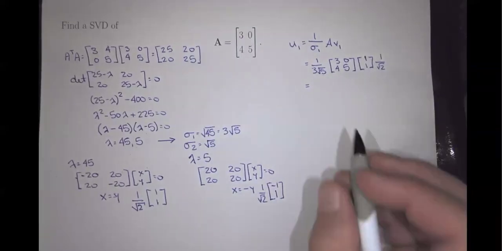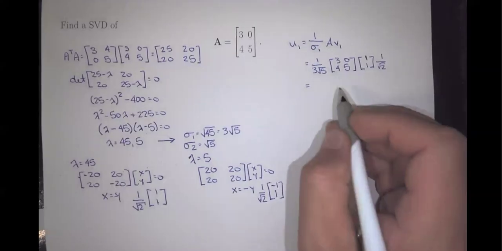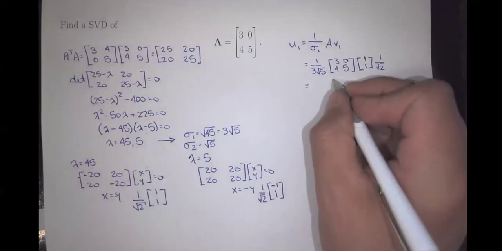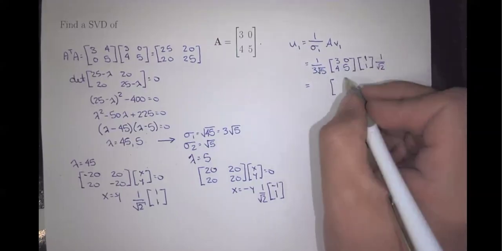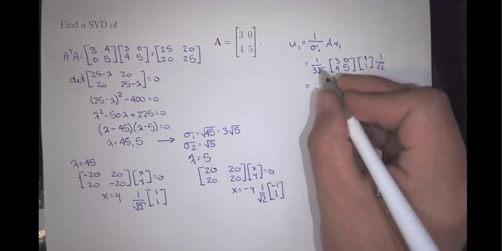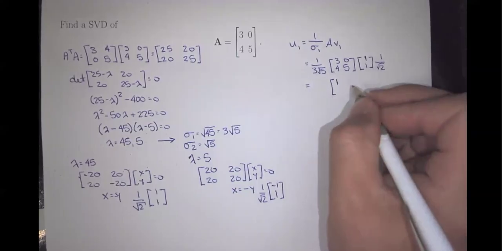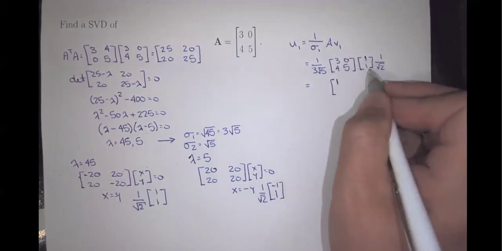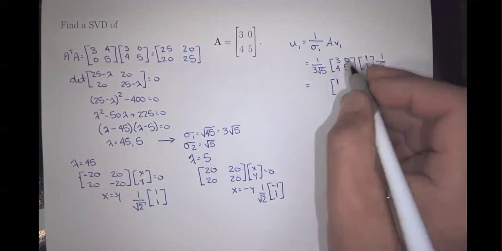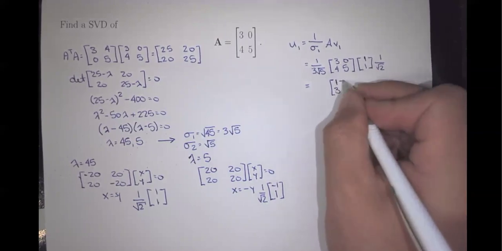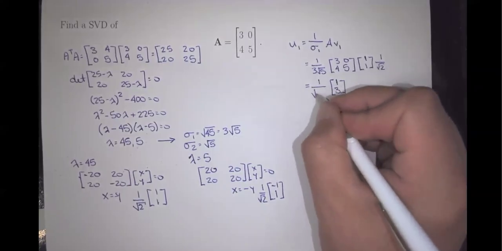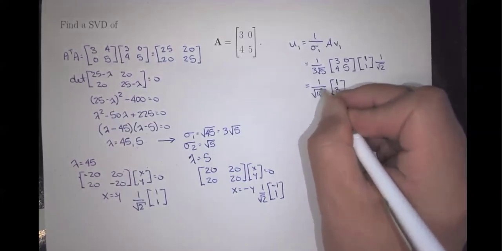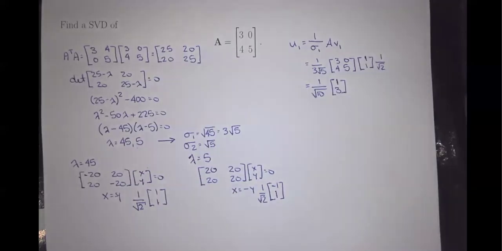Okay, so we've got this root 2 times root 5. That's going to give us a root 10. We're going to get 3 plus 1, which is 3, cancels with that 3, so it's a 1. We get 4 plus 5 is 9, cancels with that 3, gives us a 3. So U1 is 1 over root 10 times the vector 1, 3.